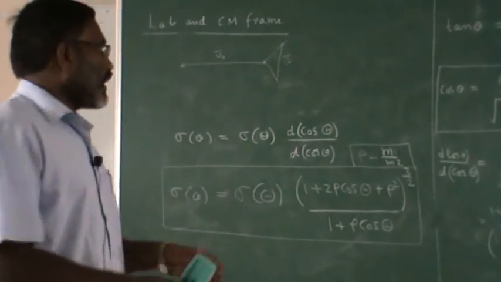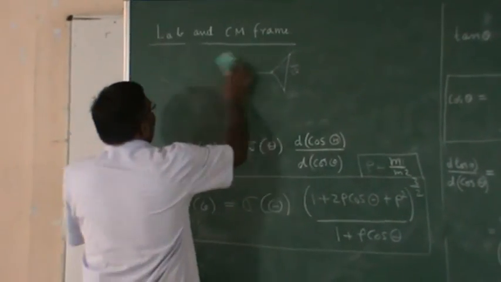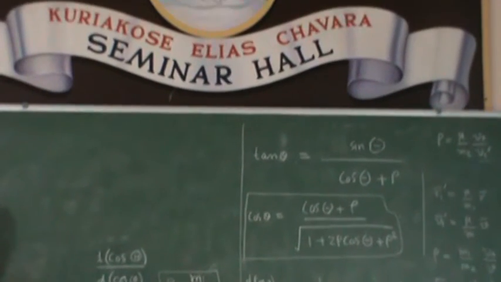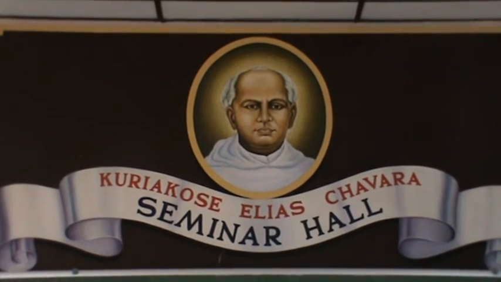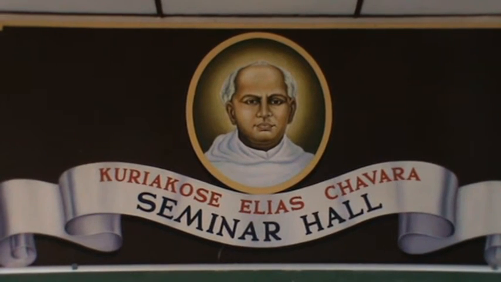Okay, so I thought I will just mention this. Of course, there are certain things which probably we did not do, even though they are there as part of the syllabus that is given.